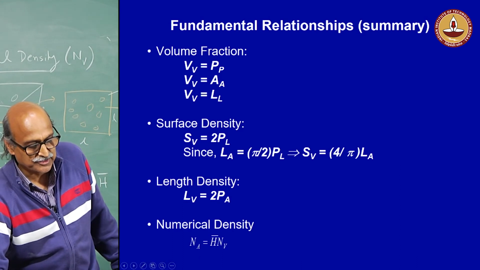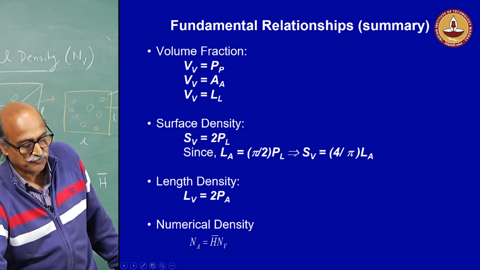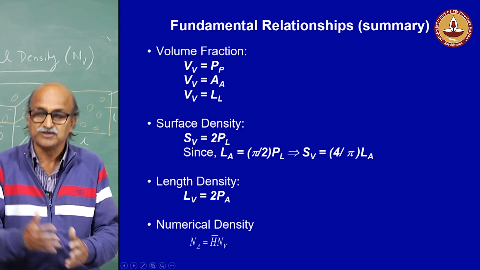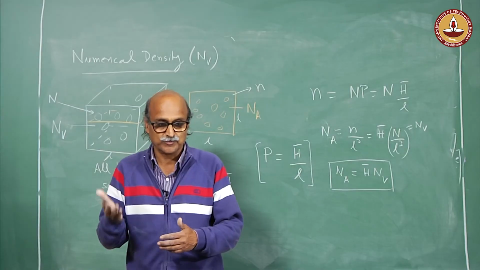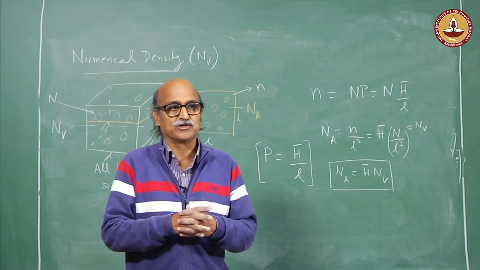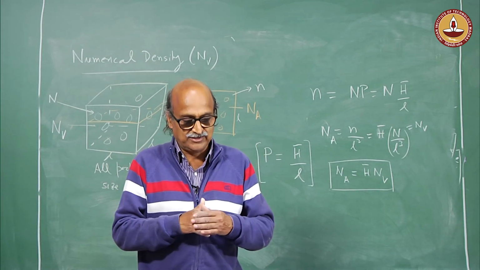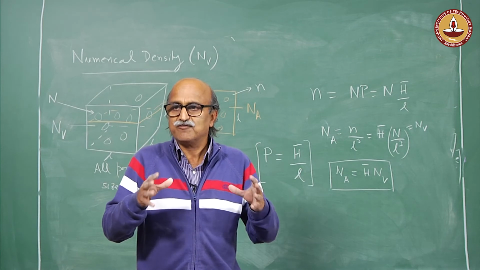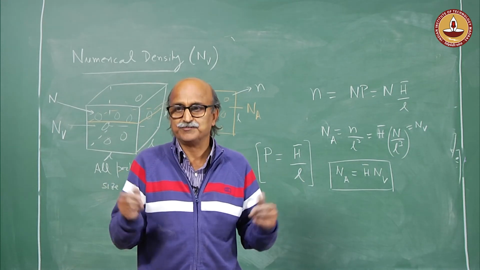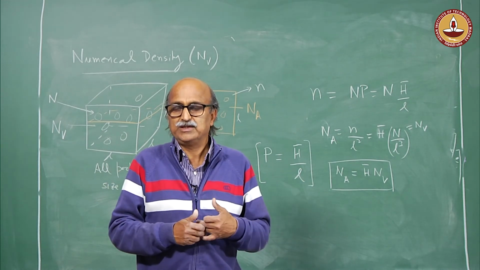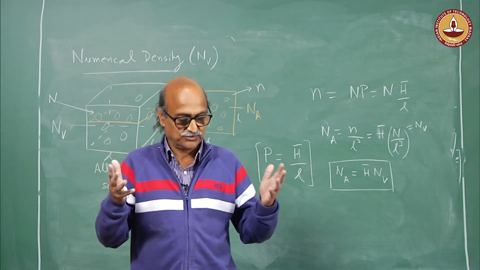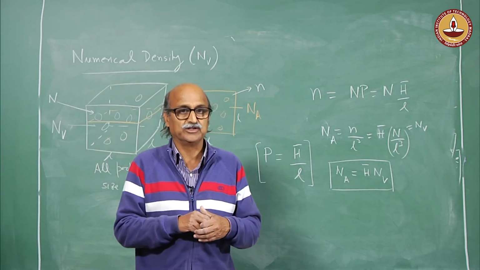If we assume a certain shape, then what is the relationship for the numerical density we can obtain. Then we will also talk about how we can define grain size for polycrystalline structure and even particle size, and those are the kind of things we will look at in the next lecture.